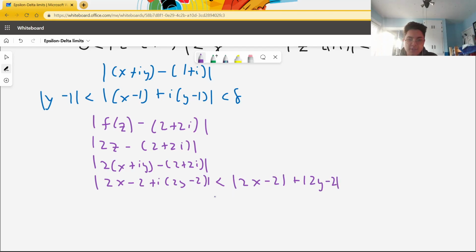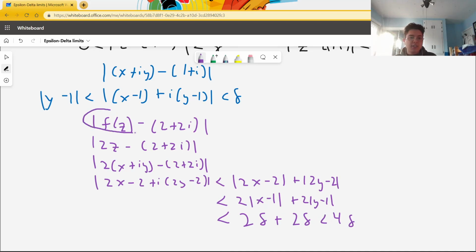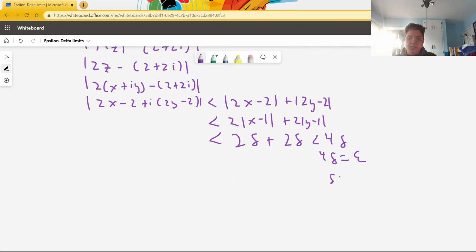We can factor out 2 out of both of these terms, and observe that because |x minus 1| is less than delta and |y minus 1| is less than delta, this is less than 2 delta plus 2 delta, which is 4 delta. And since we know that this has to be less than epsilon, we can set 4 delta equals epsilon, or delta equals epsilon over 4.